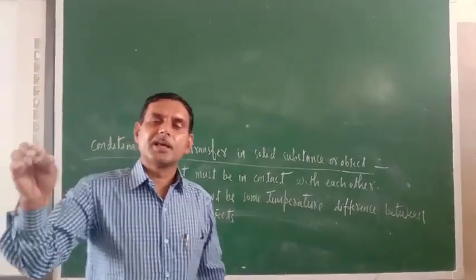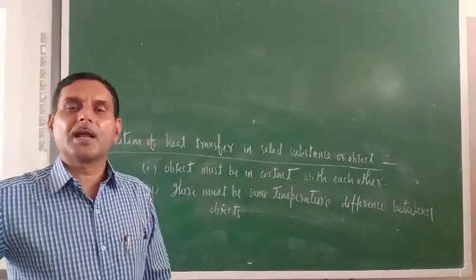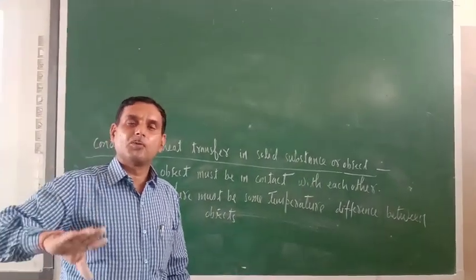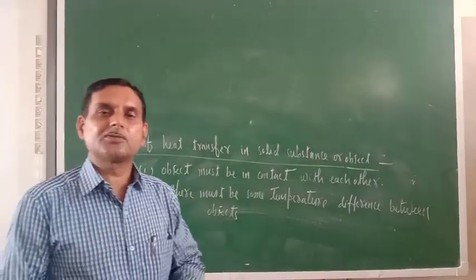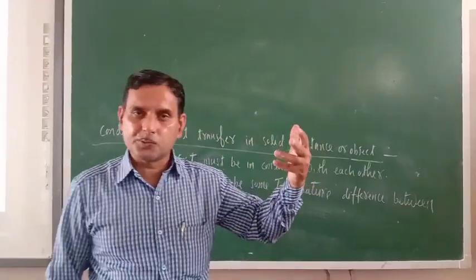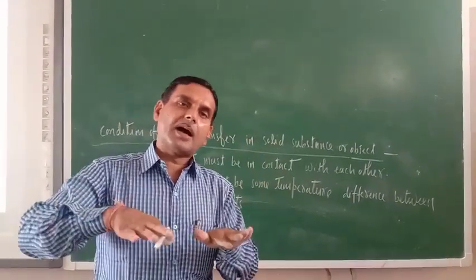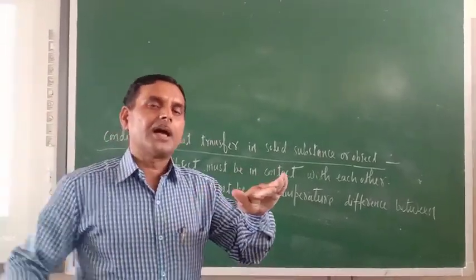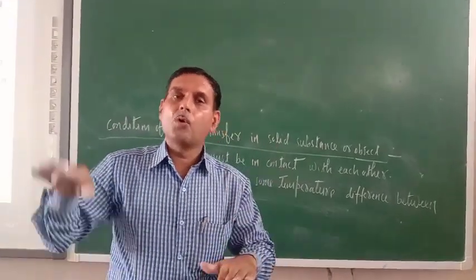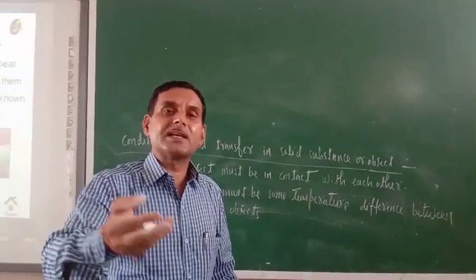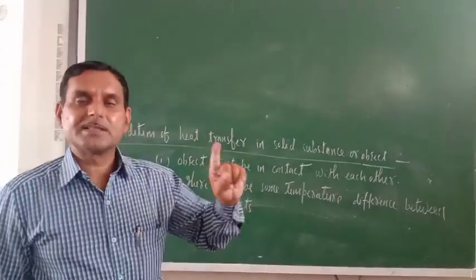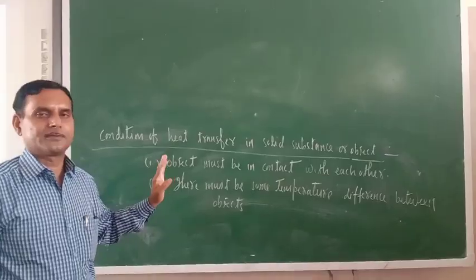Their temperatures should not be the same. Suppose one is at 20 degrees Celsius, then the other must be 21 or 22 degrees Celsius. One object's temperature must be more, the other less. The difference may be slight, but a difference must be there.